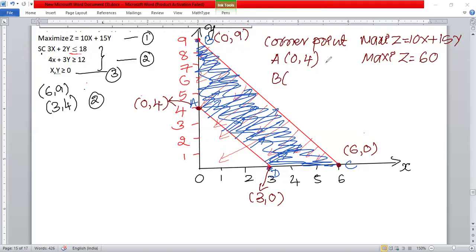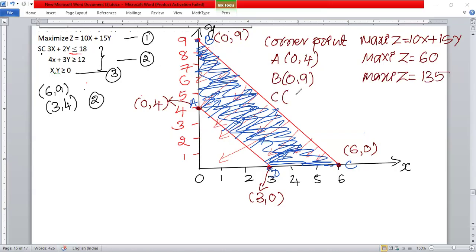Similarly, the B corner point, 0, comma 9. Maximize z is equal to 10 open bracket 0 plus 15 open bracket 9, so 135.